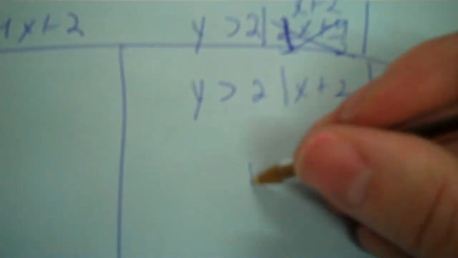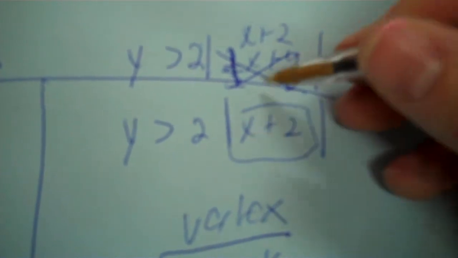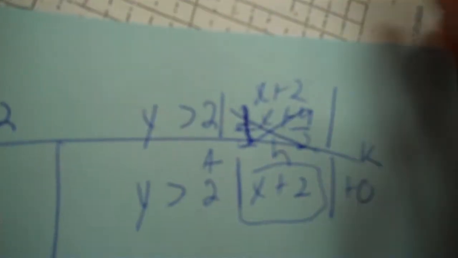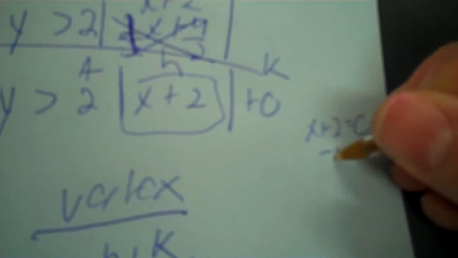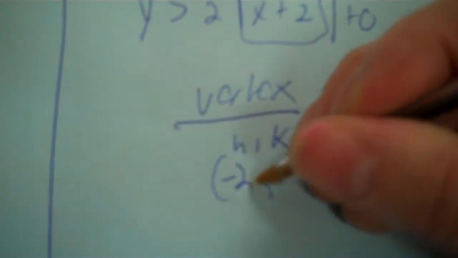Now we set up our vertex and our stretch. Vertex HK. You got to know where these things are at, okay? So inside is your h, that's your a, and then plus 0 would be the k. So set the inside equal to 0, and you get negative 2. So there's your h, okay?